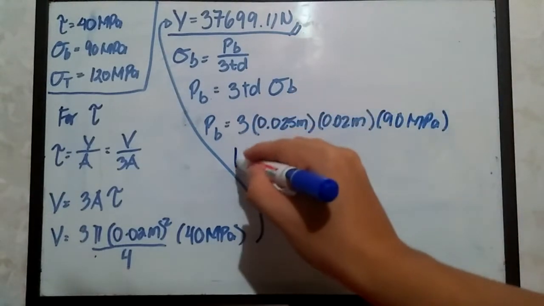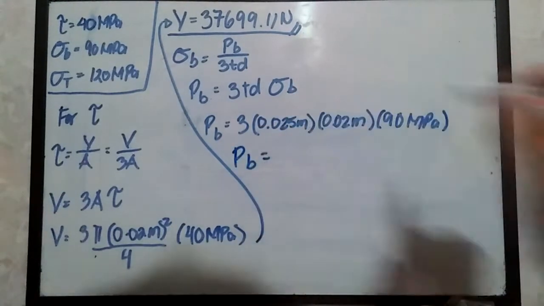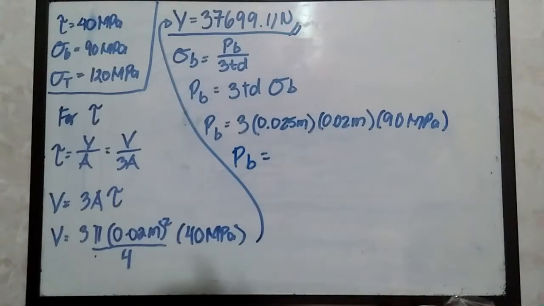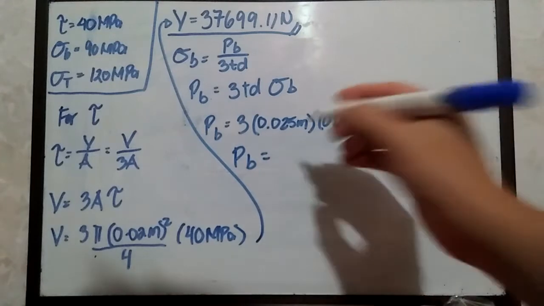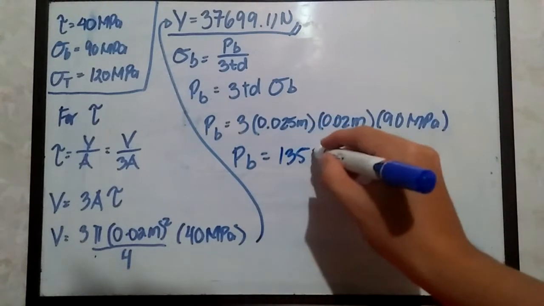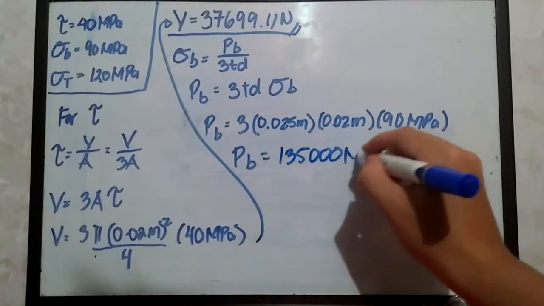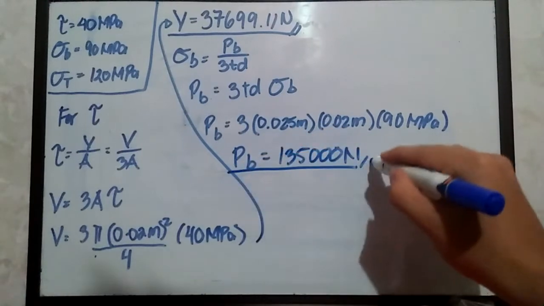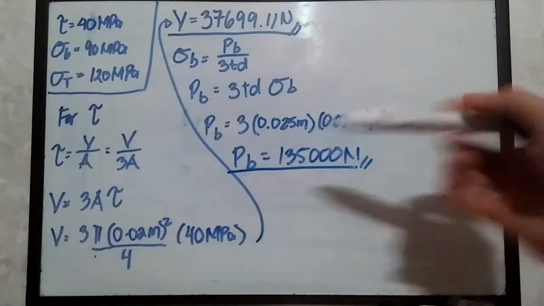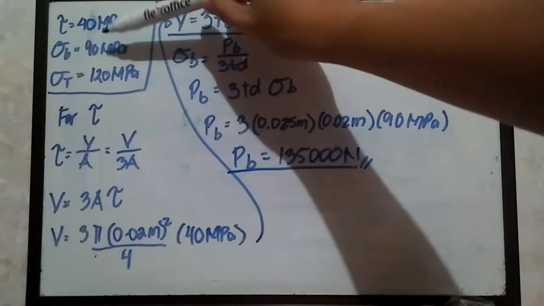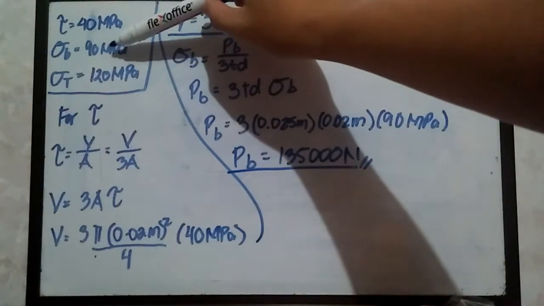P sub B is equivalent to approximately 135,000 newtons. So this would be the corresponding bearing load if we have a limiting allowable stress for bearing equivalent to 90 megapascals.